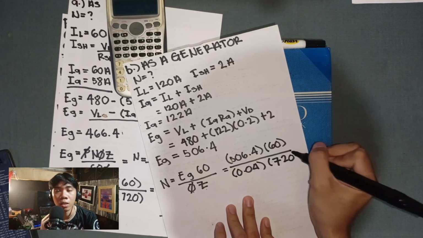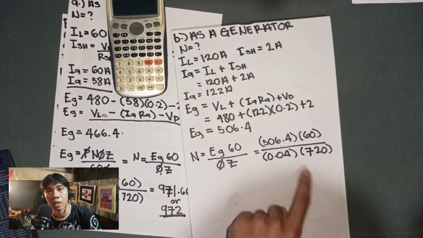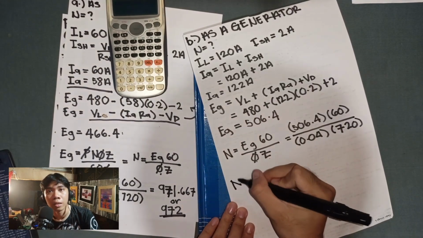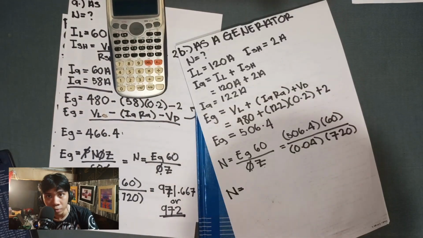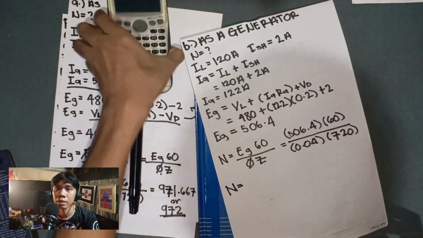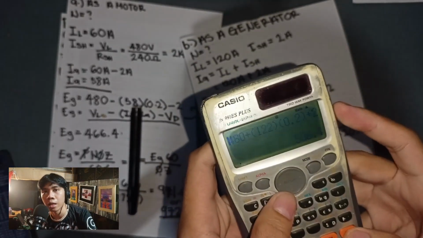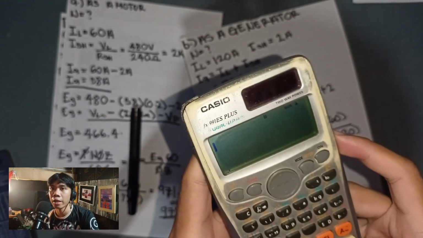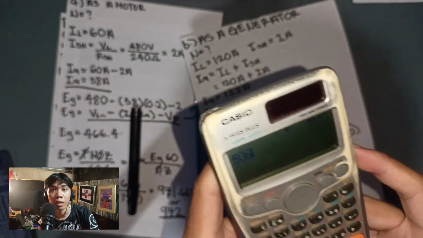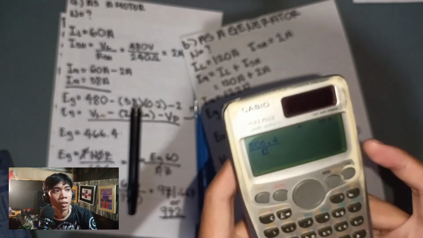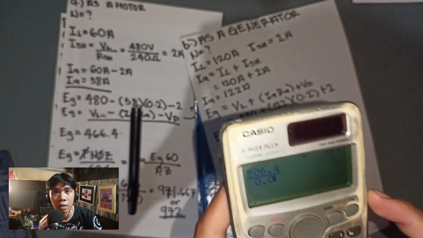So, bali, this time, ay kakalculate din natin ito. Ang speed natin na makukuha ay, calculator muna natin. So, kapag calculate natin ito, ilagay natin lahat ng given, sinubstitute natin sa ating formula. Okay, calculator muna.